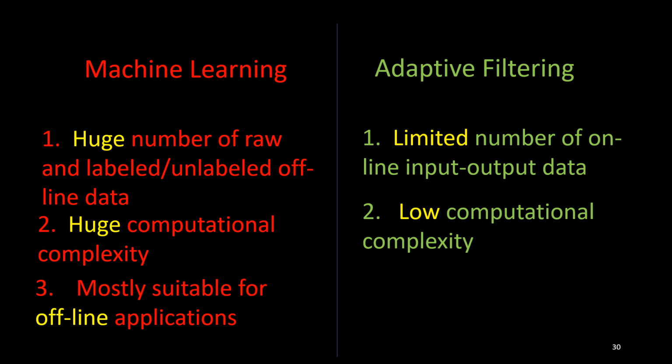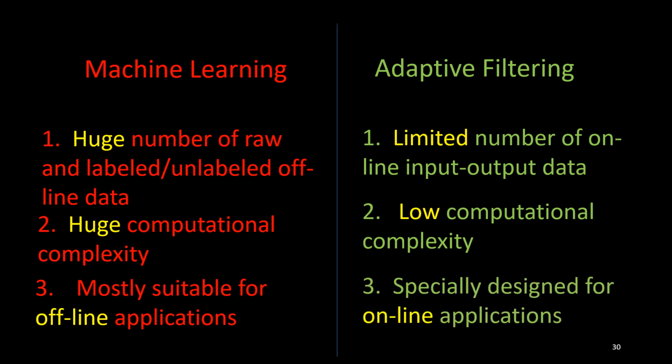But most of the algorithms or architectures for machine learning are for offline. But adaptive filter algorithms are specially designed only for online applications, because it is considered that system parameters can change over time, and the adaptive algorithm will be able to track those changes. So this is the main difference between machine learning and adaptive filtering.